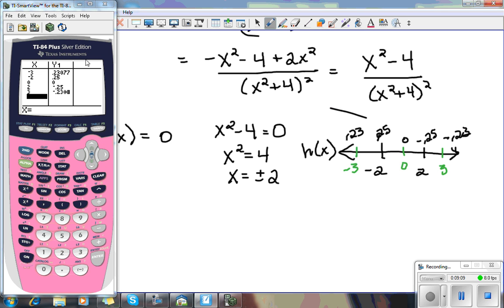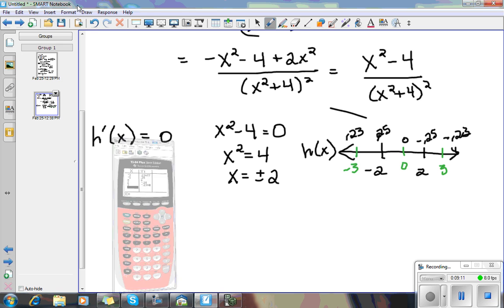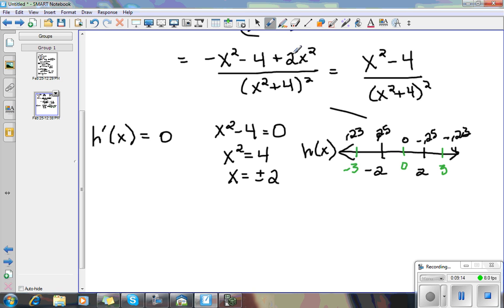So let's see what that tells us. At negative 2, we would have a max. And it looks like here at 2, we have a min.